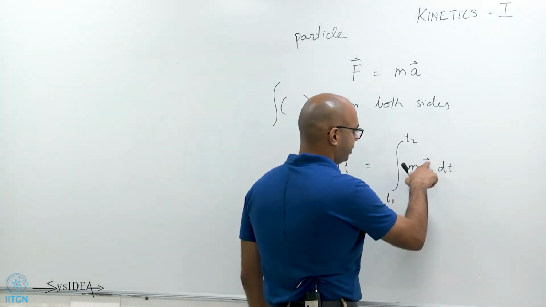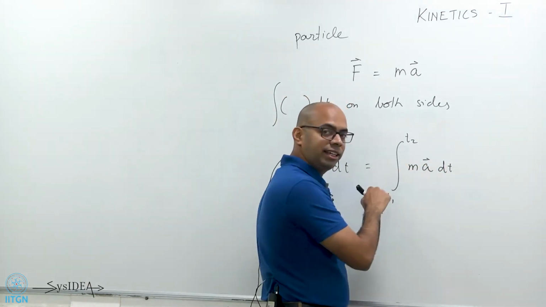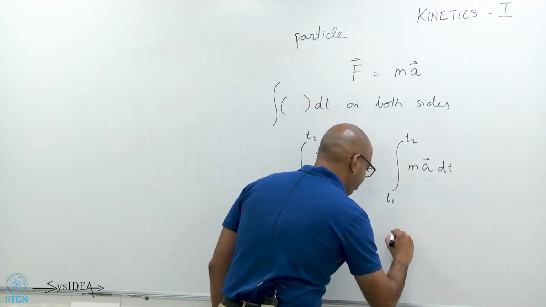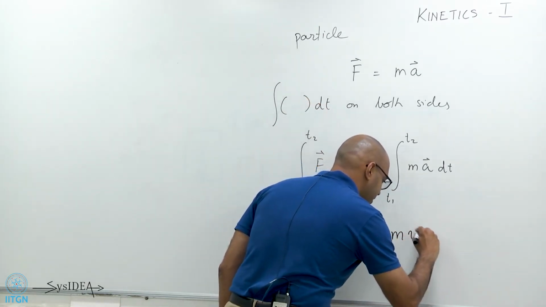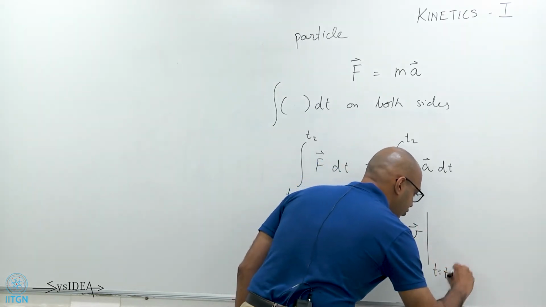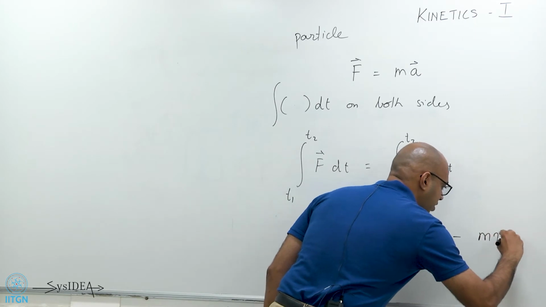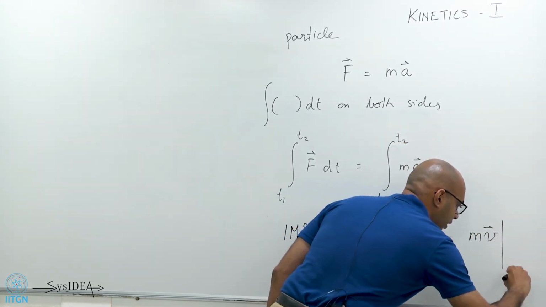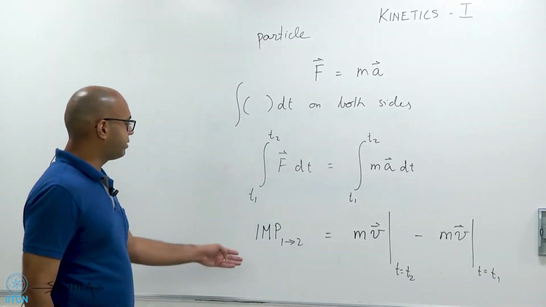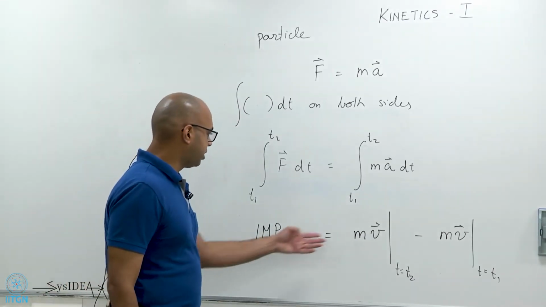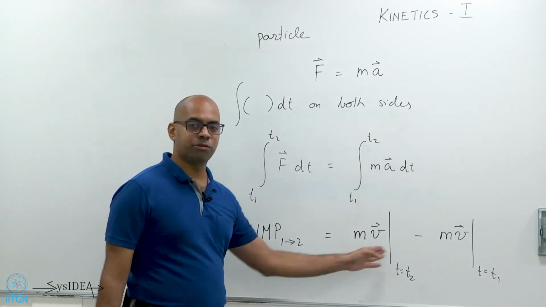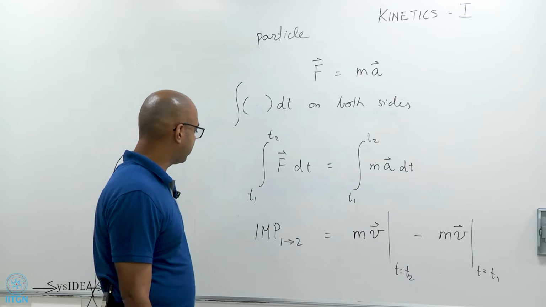On the right, a is dv by dt, and the dt cancels, so the integral of dv simply gives m v. This becomes m v at time t2 minus m v at time t1. This gives rise to the impulse momentum principle: the total impulse acting on a particle is equal to the change in momentum of that particle.